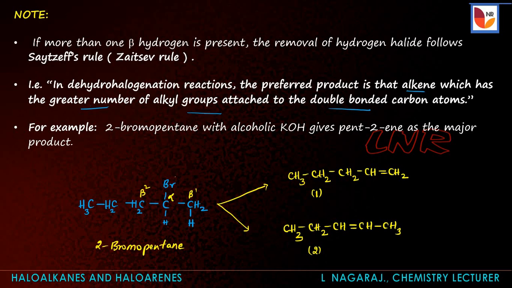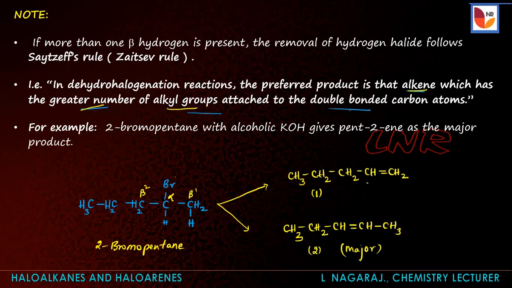In such a case, the major product of the dehydrohalogenation is the second product, because according to the Zaitsev rule, during dehydrohalogenation the preferred product is the alkene which has the greater number of alkyl groups on the double bonded carbon atoms.